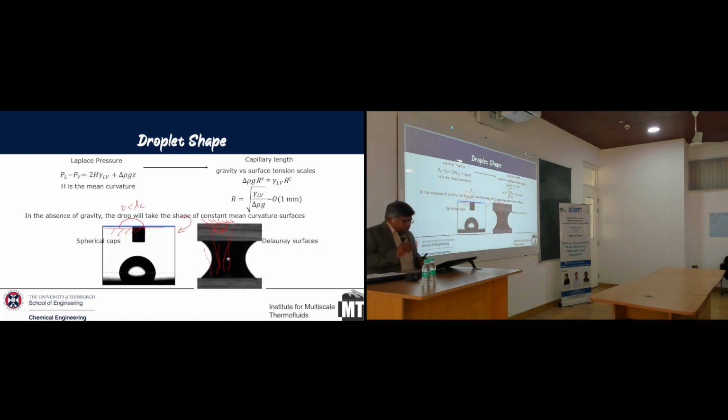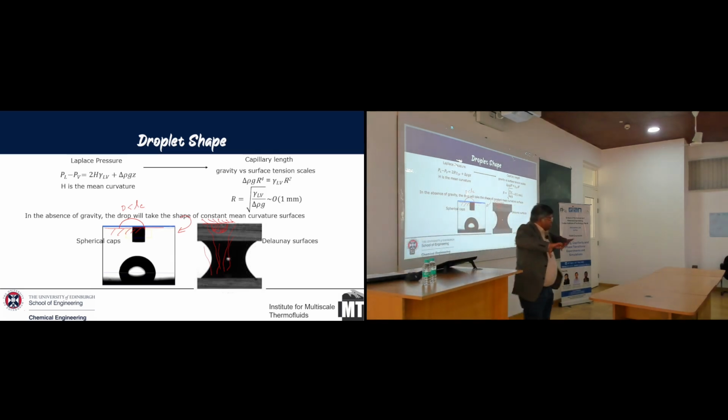Okay, so this is what we looked at: the spherical caps as well as Delaunay surfaces. But obviously, when you don't have gravity, you will have surfaces which have constant mean curvature. And that's what you find in experiments in space.